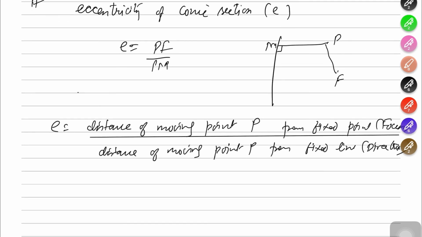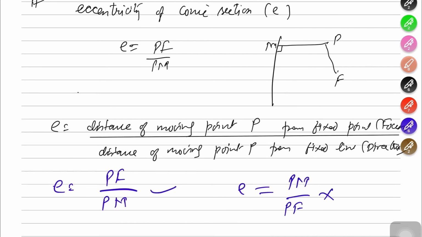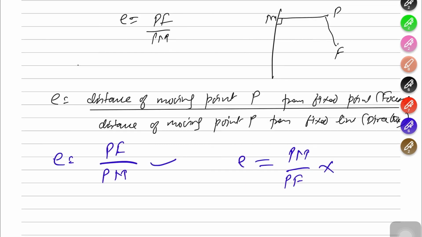Again I am emphasizing, E is defined as the distance of the variable point from the focus upon the distance of the variable point from the directrix. So don't make it reverse. Even if the variable point P has a distance from the focus and a distance from the directrix in constant ratio, it will trace a conic section.